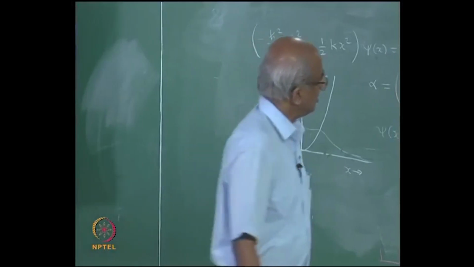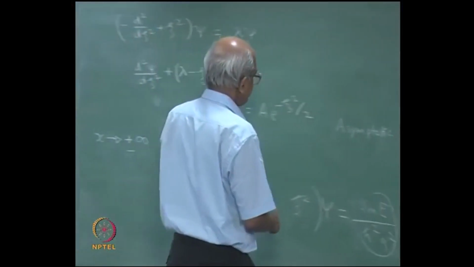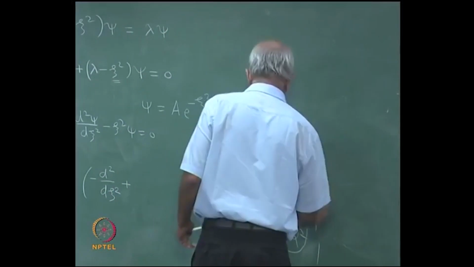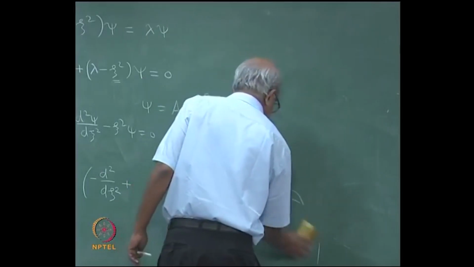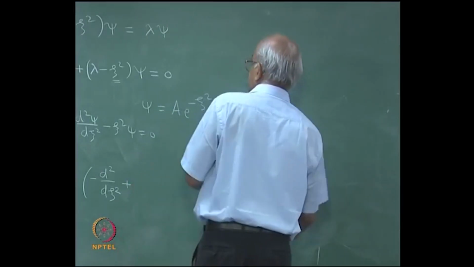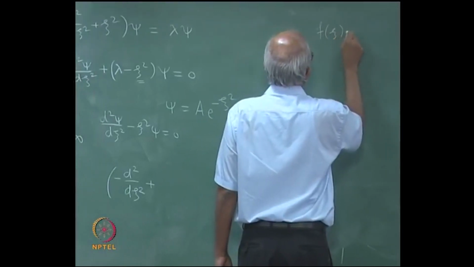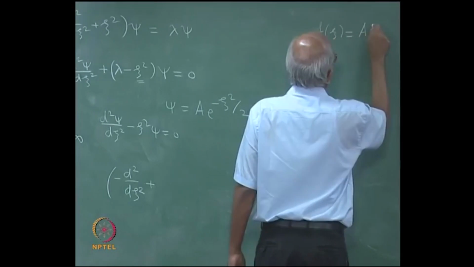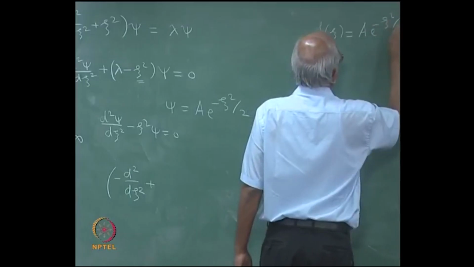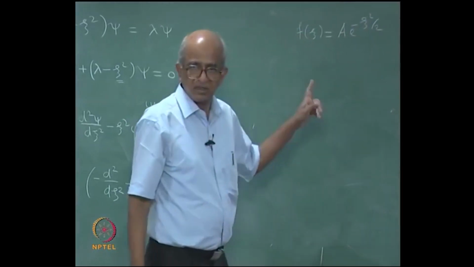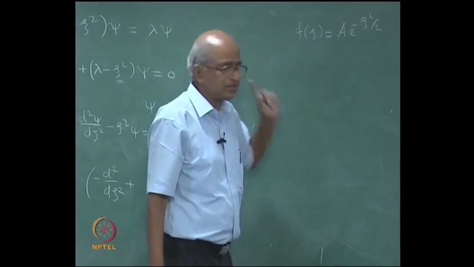But now you look at this function. Let me denote this function temporarily by the symbol f, which is a function of c. It is equal to a e to the power of minus c square by 2, right. The function is defined to be this.